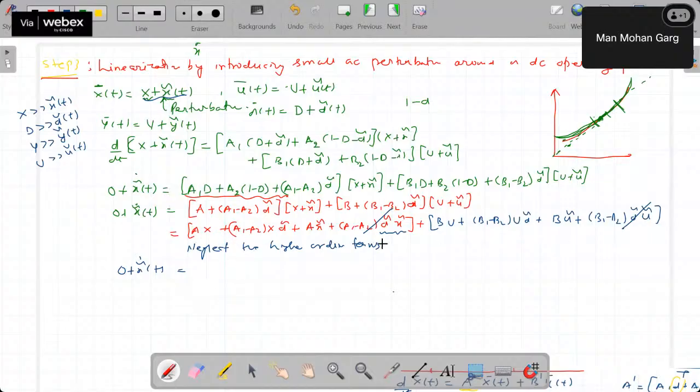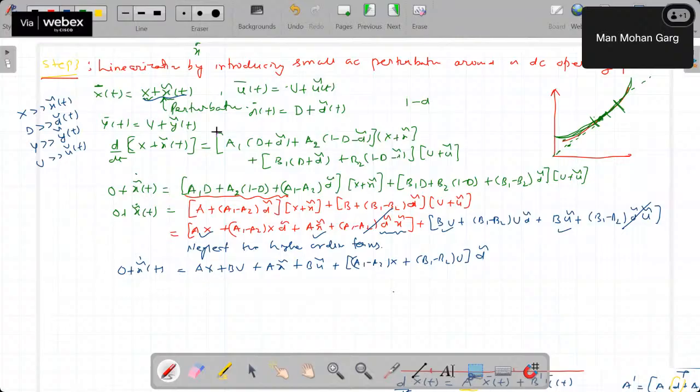I collect AX plus BU, then A x cap, plus B u cap. The remaining is (A1 minus A2) X plus (B1 minus B2) U, with d cap taken out. So this is my first equation, the state equation.